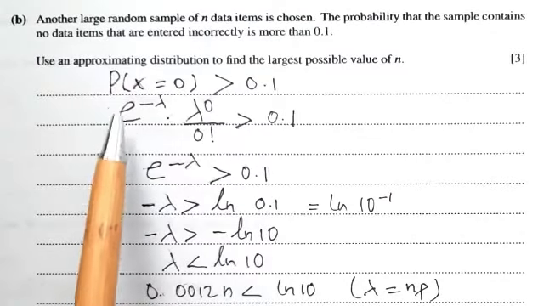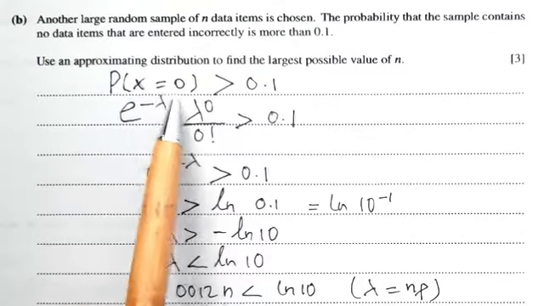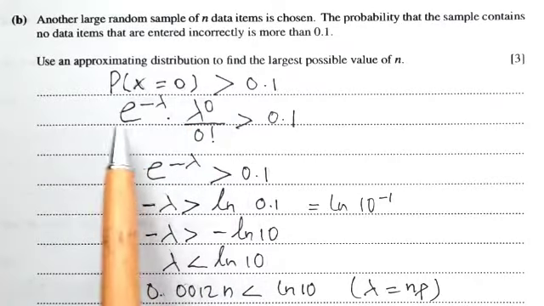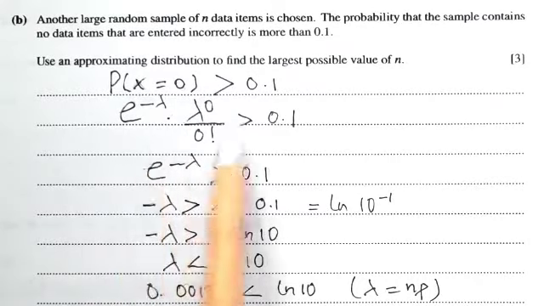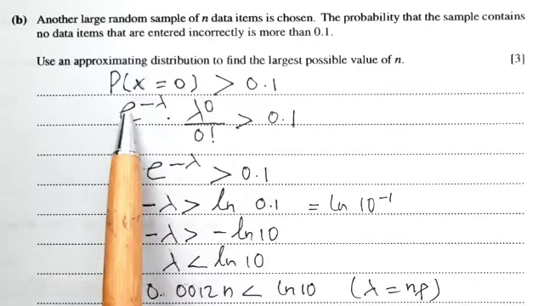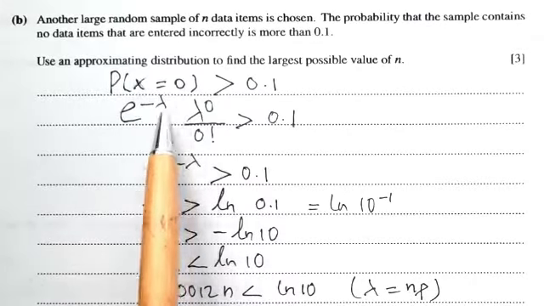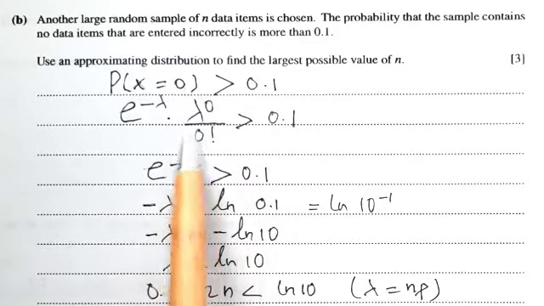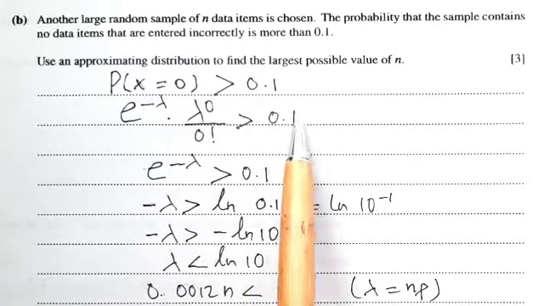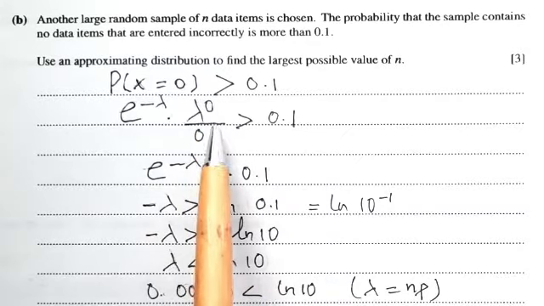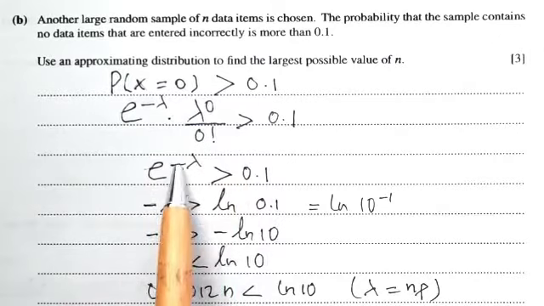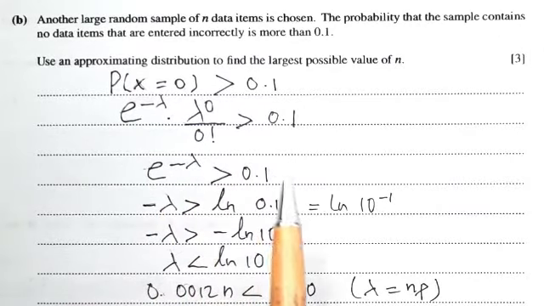Here, the probability of X equals 0 is more than 0.1. Enter it in the Poisson distribution formula: e to the power minus lambda times lambda to the power 0 divided by 0 factorial is more than 0.1. Lambda to the power 0 is 1, and 0 factorial is 1, so what is left over is e to the power minus lambda more than 0.1.